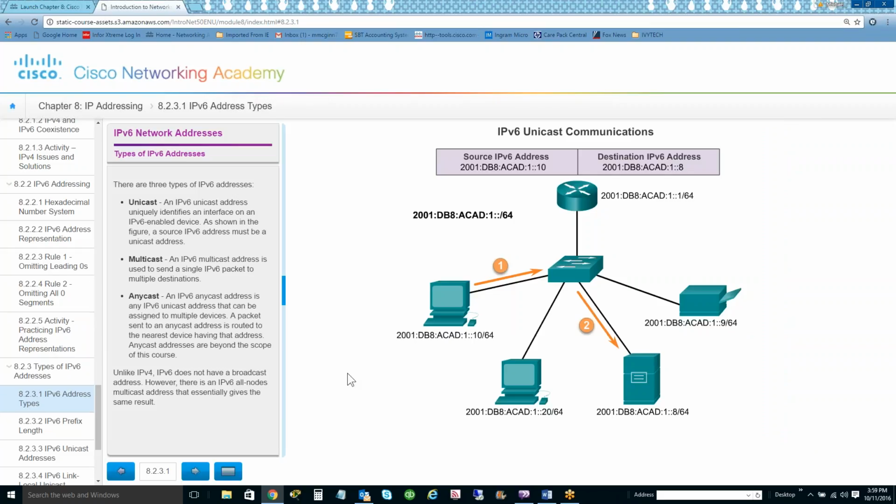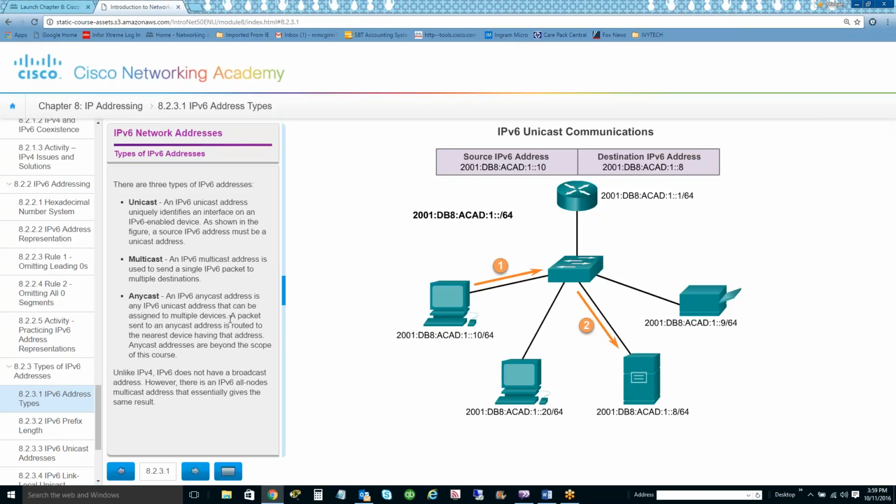So like IPv4, we have unicast addresses, which are individual addresses of individual hosts and the one-to-one communication between the two. We also have multicast addresses used for a single host to send IPv6 packets to multiple destinations. And then an Anycast address is an IPv6 unicast address that can be assigned to multiple devices.